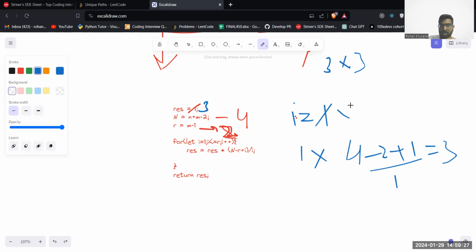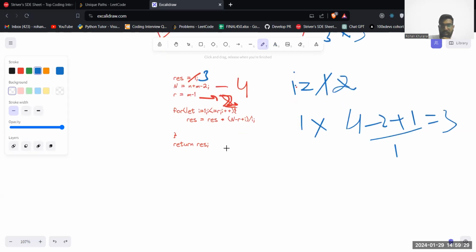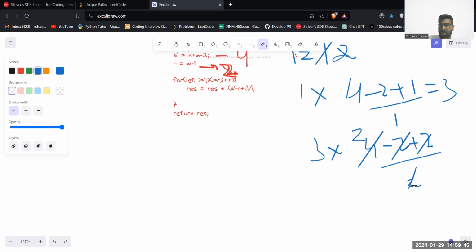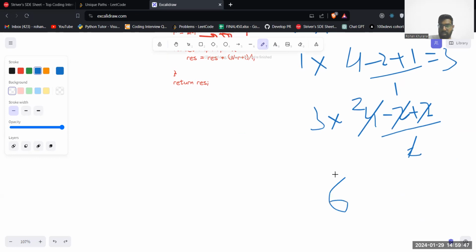Now i becomes 2. So res is 3 into N, that is 4, minus 2 plus 2, upon 2. This cancels, this becomes 2, and this becomes 6.